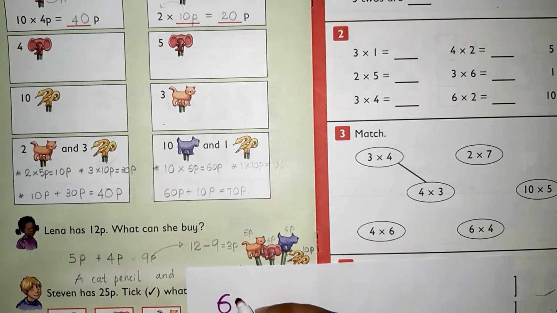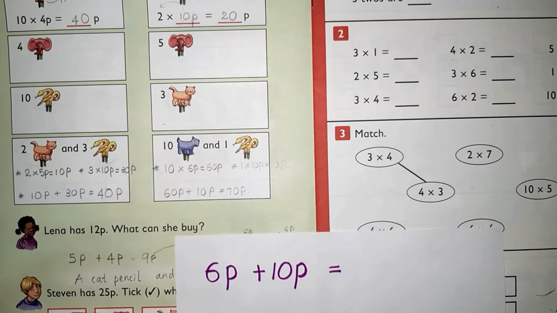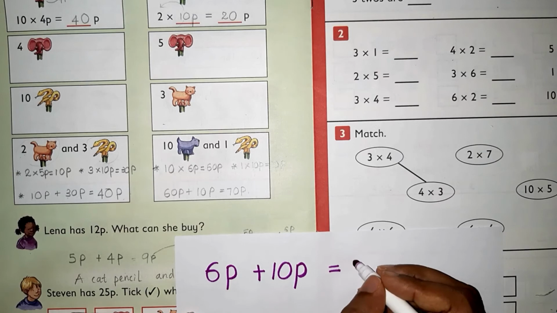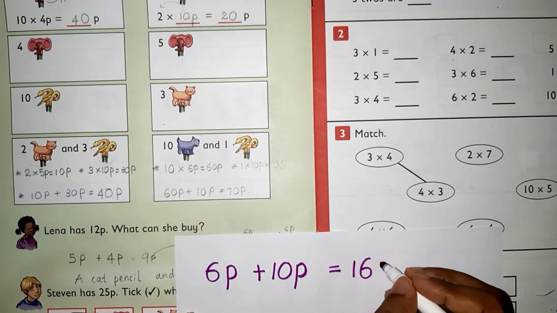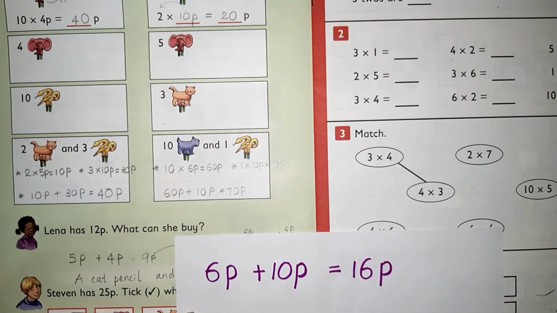So I'm going to buy a 6 pence pencil with a snake pencil. Just imagine that this is your choice. Now altogether 6 and 10, how much? We will have to pay 16 pence.